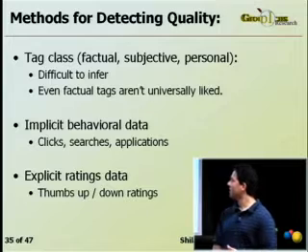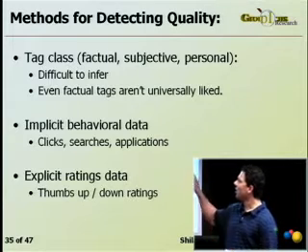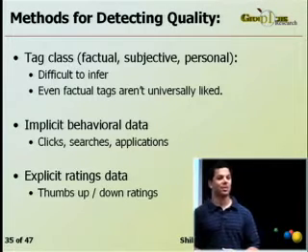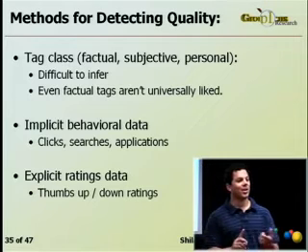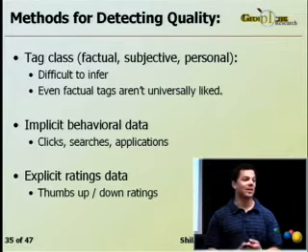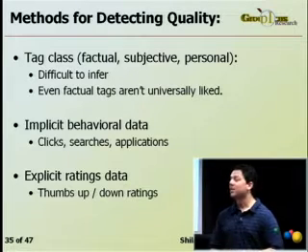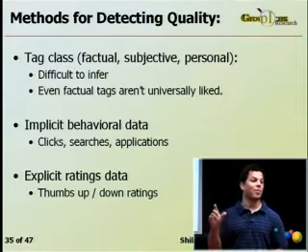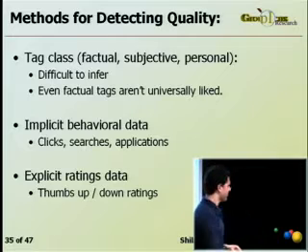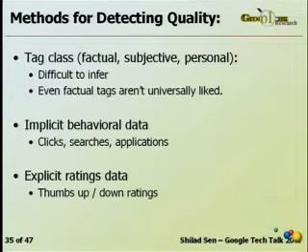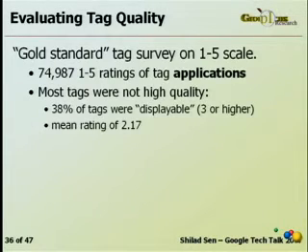So we looked at two other types of signals for determining tag quality. And that's implicit behavioral data, things like clicks, searches, the number of applications a tag has, and explicit ratings data in the form of thumbs up and down widgets. And in order to evaluate tag quality, we collected some survey data.